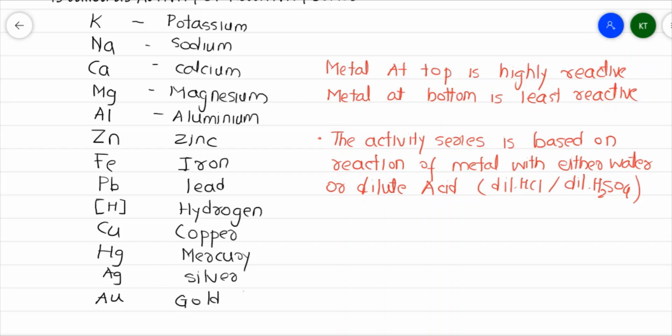This reactivity series will help us predict combination reactions and the ease with which an element combines with another element, whether it displaces hydrogen from acid or not. Everywhere in the subsequent types of reactions, we will be using this reactivity series for our reference.